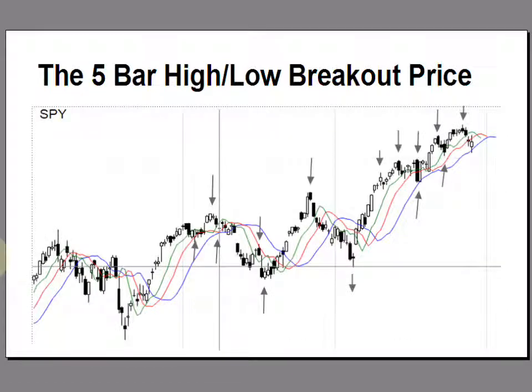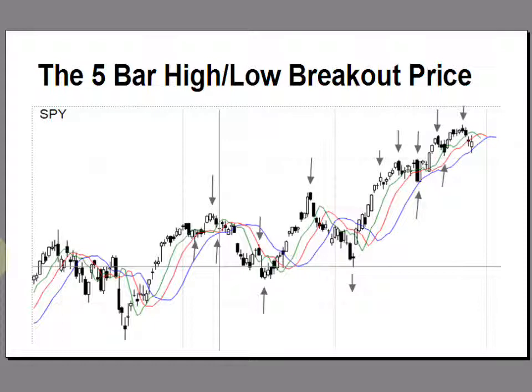The third concept that we have to understand is the 5-bar high-low breakout price. Simply put, a high breakout price bar is a bar whose high price is higher than the highs of the 2 bars immediately preceding it and the 2 bars immediately following it.